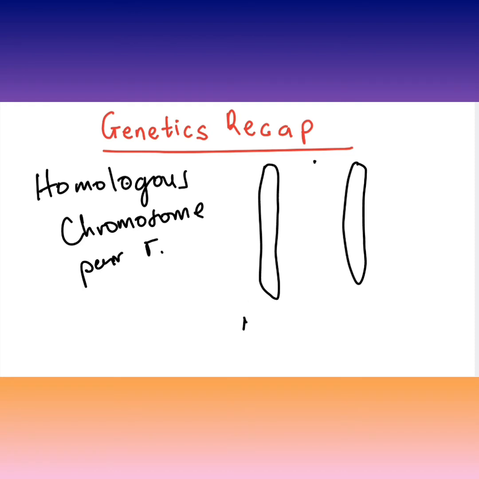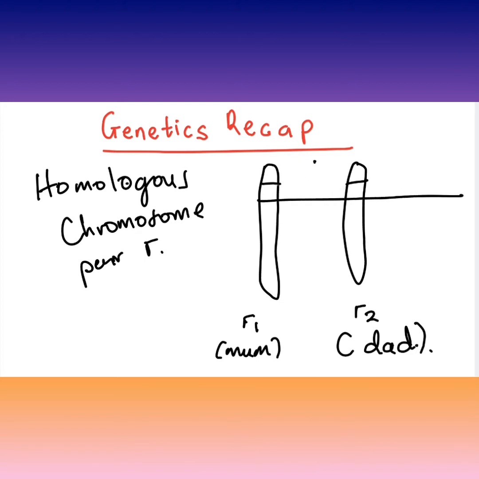So we have R1 from mom and we have R2 from dad. Now, in this homologous pair, we basically have genes. So we have a gene here in the same location or locus. Let's refer to this location where these two genes are as locus A.